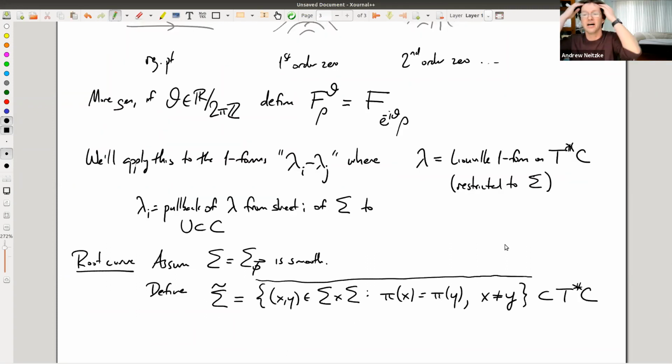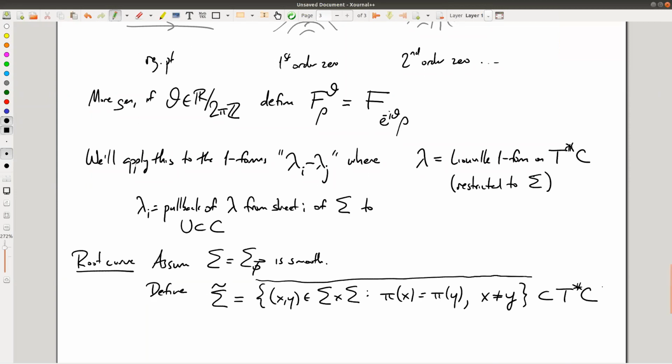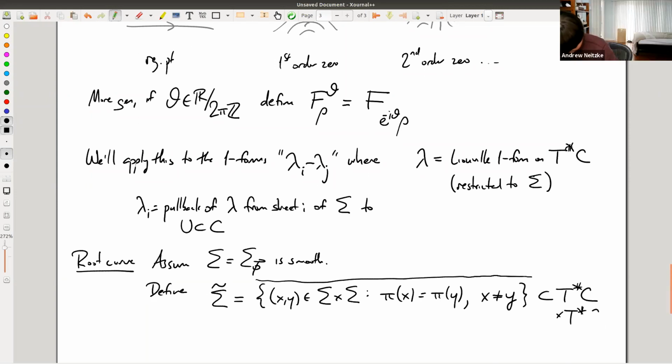All it means is it's the covering whose point. How is it sitting inside the cotangent bundle? Why did I say it's sitting inside the cotangent bundle? No, not the square of the cotangent. It was sitting inside of the cotangent cross the cotangent. I take the closure there. Yeah, thanks. Sorry.